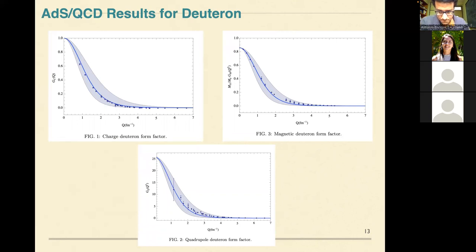The idea is that we use what is called the Maldacena conjecture, coming from string theory, about the connection between a gravitational theory inside a certain volume and a gauge theory on the surface.